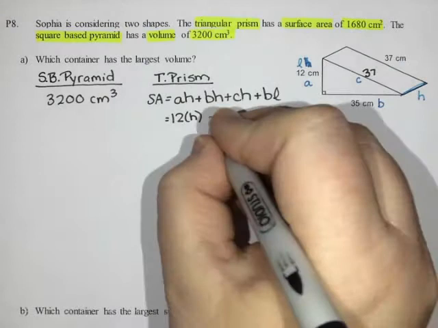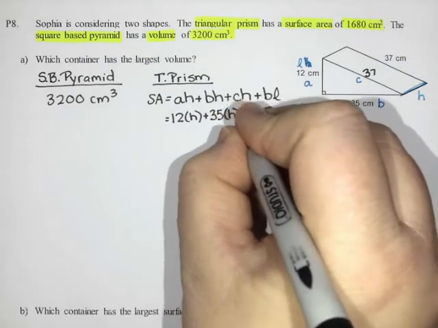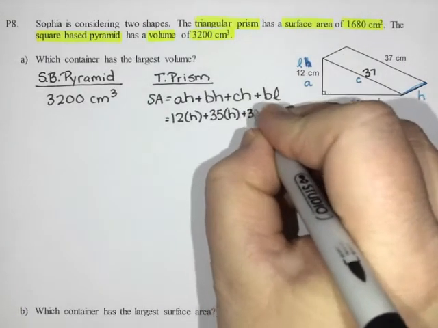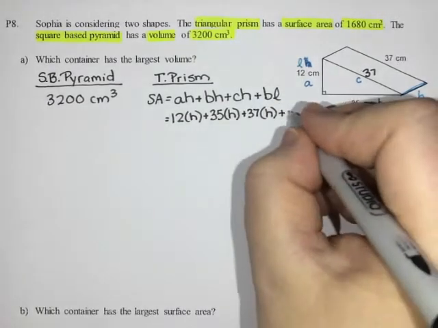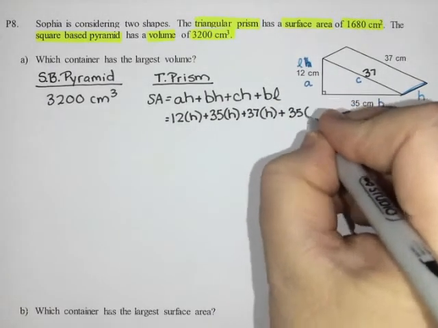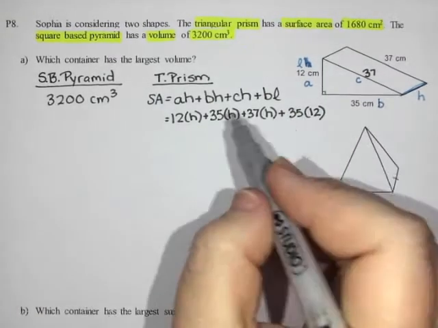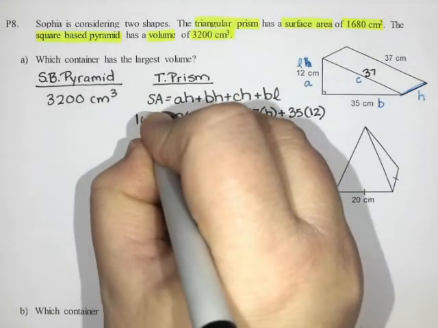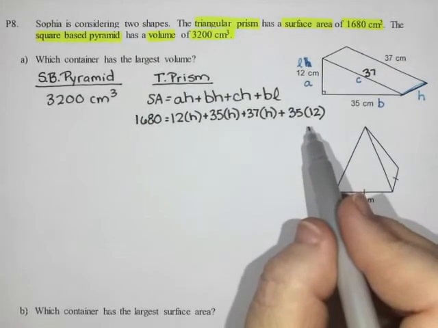I know that B is 35, but the height I still don't know. And then side C is 37, and the height I still don't know. And then our base is 35, and the length is 12. Now I do know that this whole thing should work out to be 1,680. So I now have an equation that has numbers on both sides.